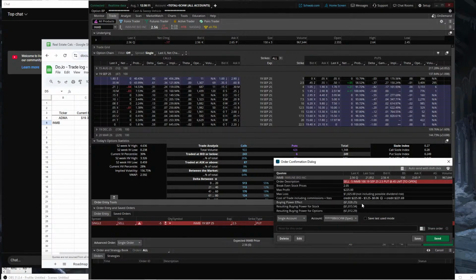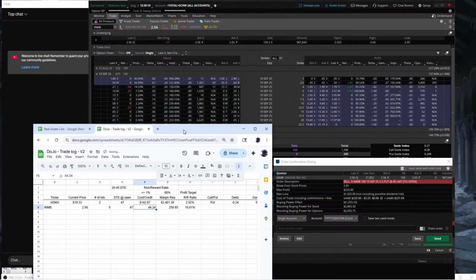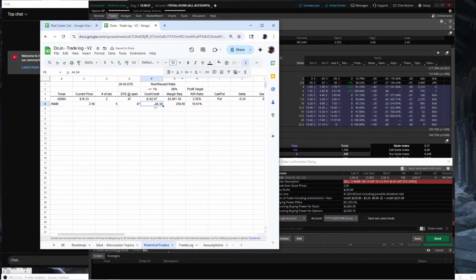We're looking at 221.69 for 1250 BPE, 7 DTE, right? Yeah. We would be getting 221.69, and the margin requirement for that is 25. Still 10.61.